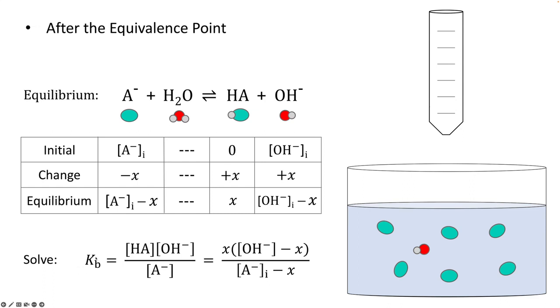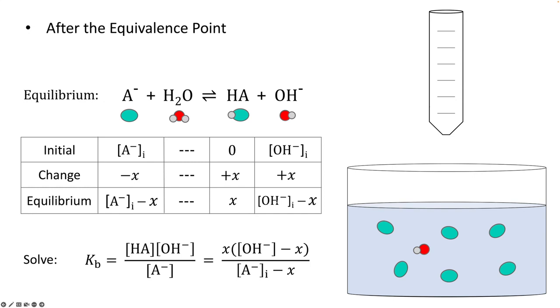Remember again, Kb is very small, which means X is very small, and when you do the math, if you're a little part way past the equivalence point, and you don't have to be too much past it, you'll find that the concentration of OH- due to the added OH- past the equivalence point is going to be significantly larger than the X we would be solving for.